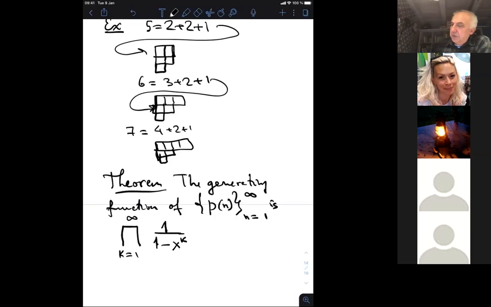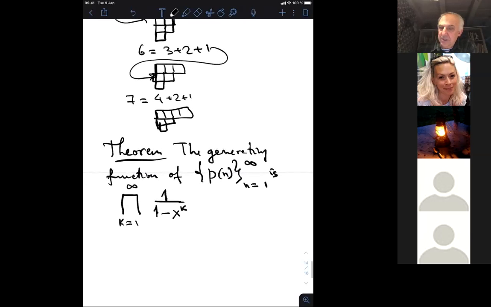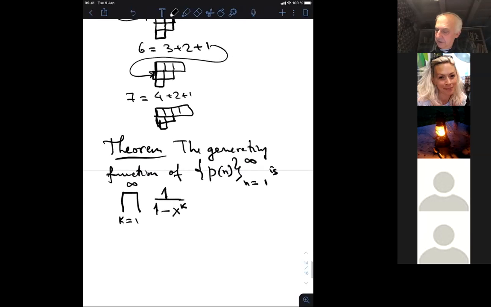And if we want to calculate some coefficient of this infinite product, we just need to consider finitely many terms in this product, because each of these terms is a geometric progression with ratio x to the power k.